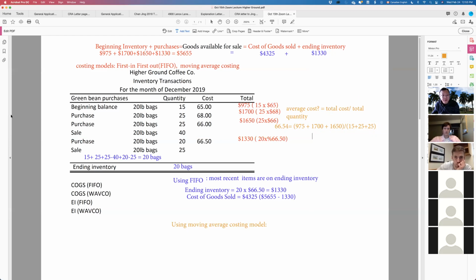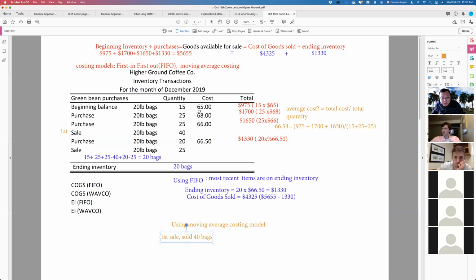So this is my first sale, and in the first sale I sold 40 bags. What cost number should I use?